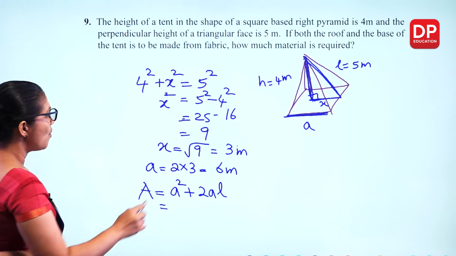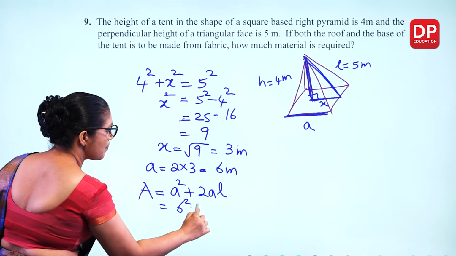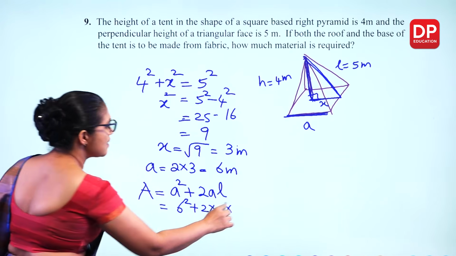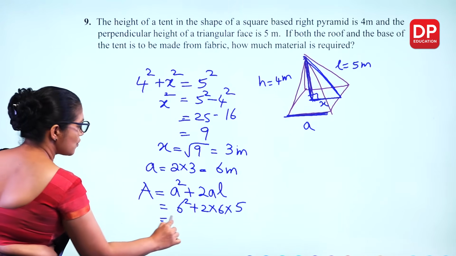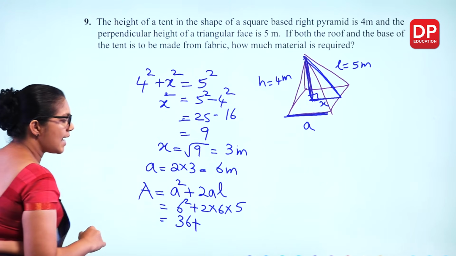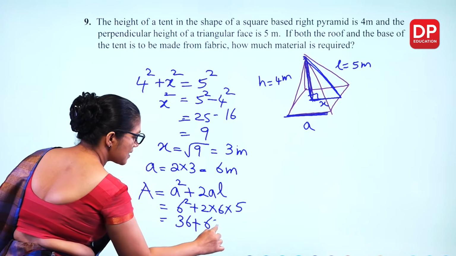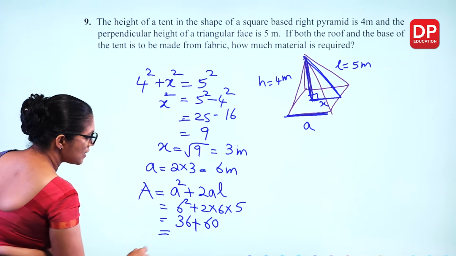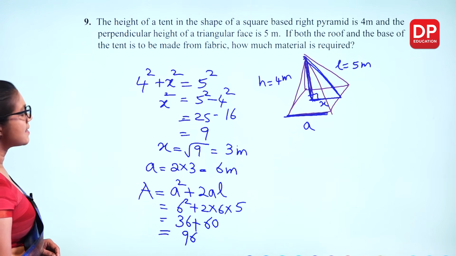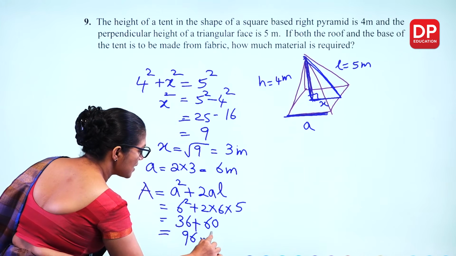A is now 6. 6 squared plus 2 times 6 times L. L is 5. So 6 squared is 36. 5 times 2, 10. 10 times 6, 60. So what's the total surface area? You get 96 square meters.